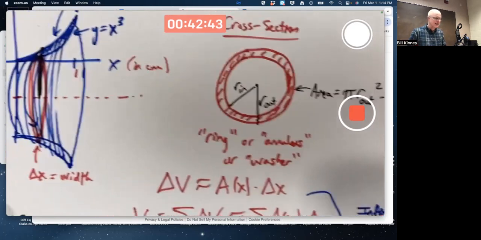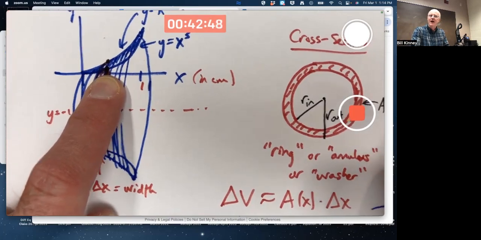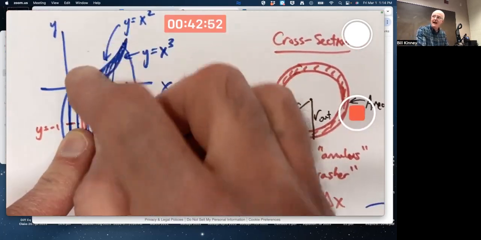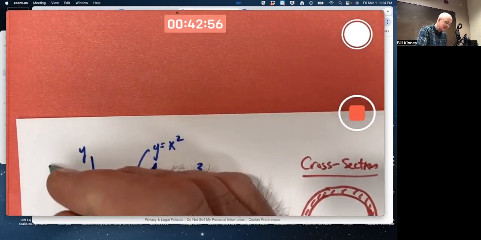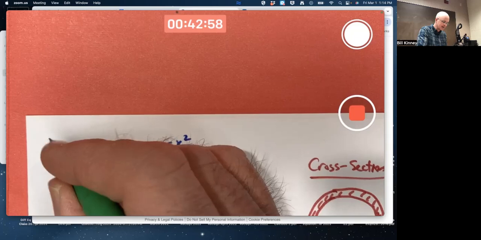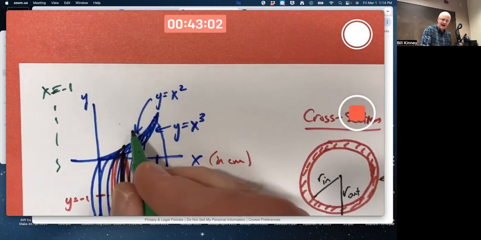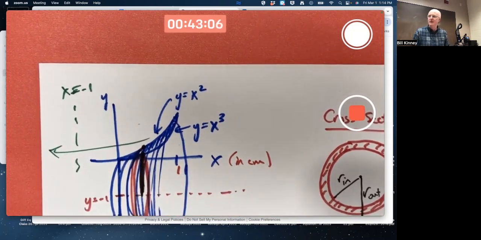I could have rotated this same two-dimensional region right there around this way, like the y-axis, or maybe the vertical line at x equals -1. I don't have enough paper to draw the whole thing, but imagine with me doing that, what would I get?